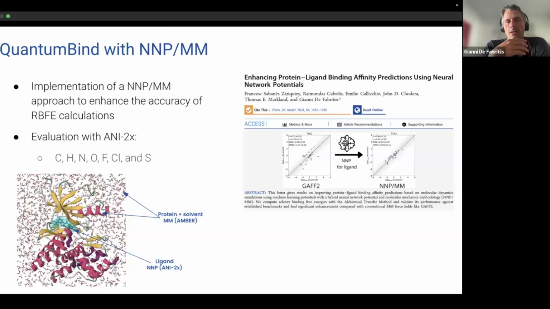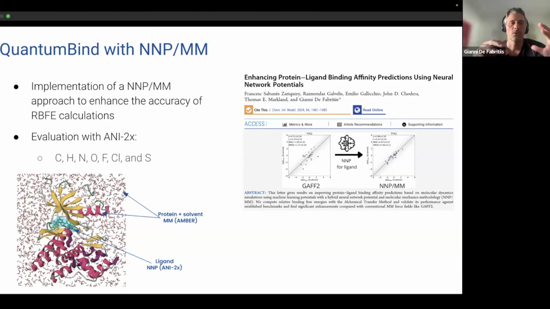And what we did in this most recent paper is show that we could use a neural network potential, specifically ANI 2x here, to see if we could improve these correlation plots. We went from the standard molecular mechanics potential on the left of this plot to a much tighter correlation on the right, using a scheme designed to combine neural network potential together with molecular mechanics.